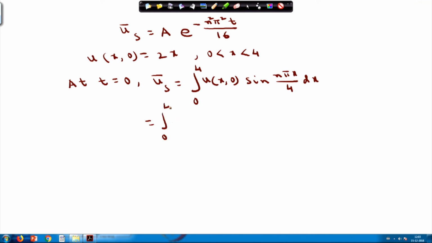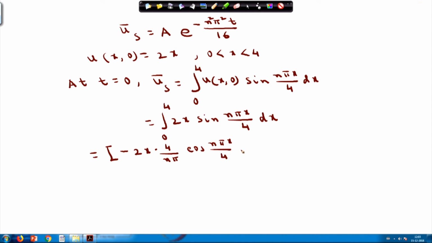So, this equals the integral from 0 to 4 of 2x into sin(n pi x by 4) dx. If you evaluate the integral by parts, it equals minus 2x into 4 by n pi cos(n pi x by 4), plus 2 into 4 by n pi into 4 by n pi sin(n pi x by 4), with limits from 0 to 4.